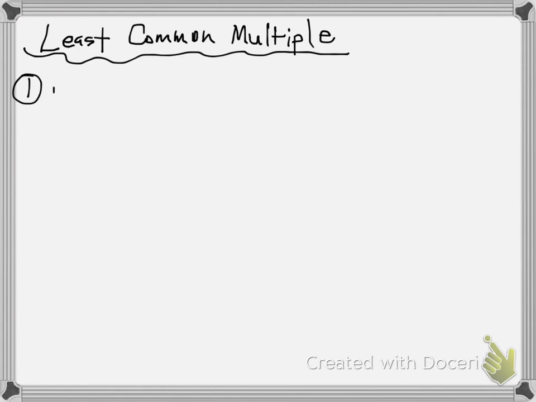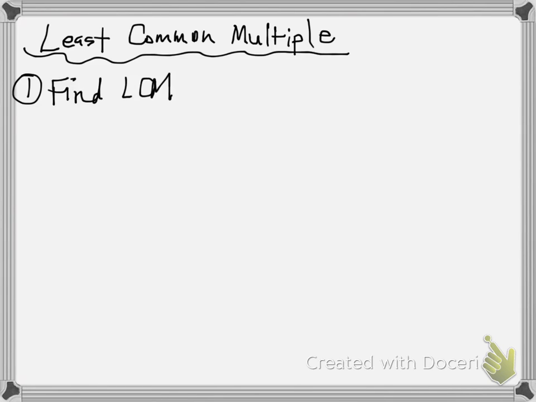Our first example, I'm going to write LCM. Find the least common multiple, and my two terms are 4w to the 6th, u to the 4th, and my second one is 15v to the 7th, w to the 2nd, u to the 8th.